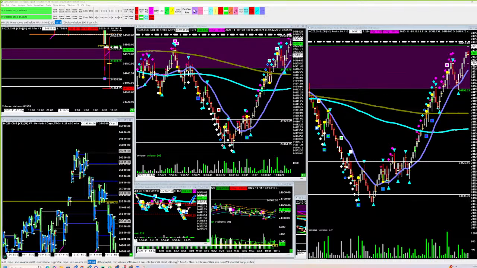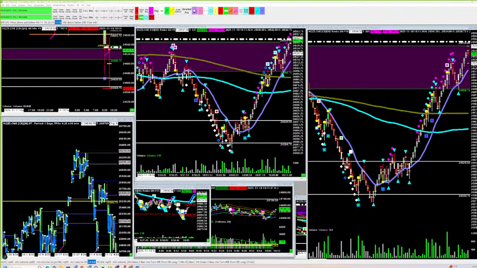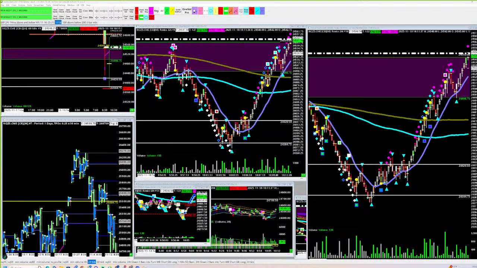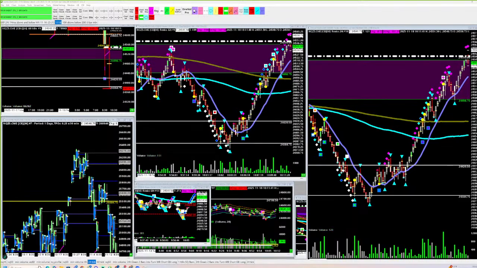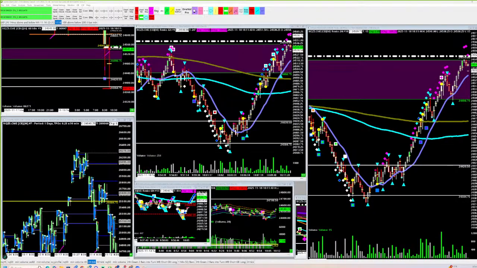I'm going to go right for that 24,550. And that's the first hour point of control. And after the first hour point of control, you get above it, look for it to get constructive. We're going to attempt to reject off of it the first time because that's what they do there.